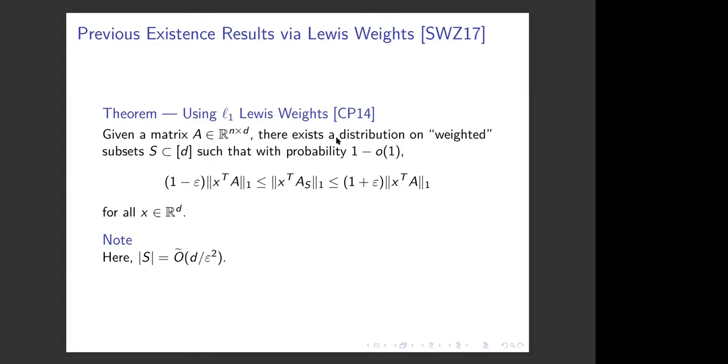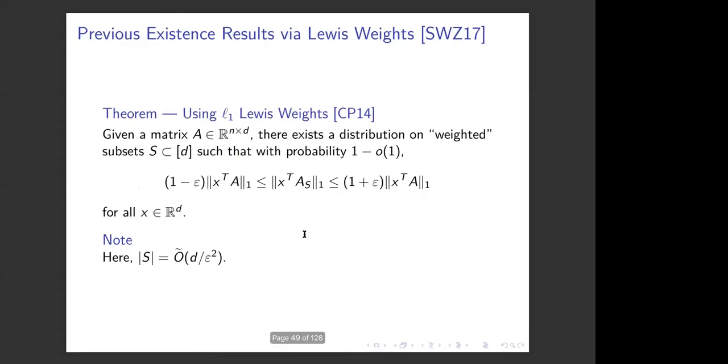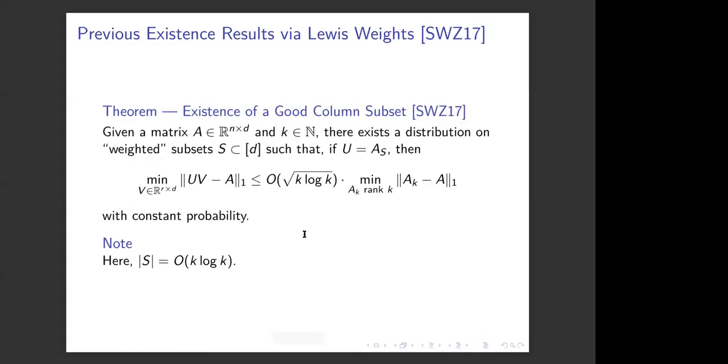In fact, this result is what was used to show the existence of a column subset which spans an O of square root k log k approximation.